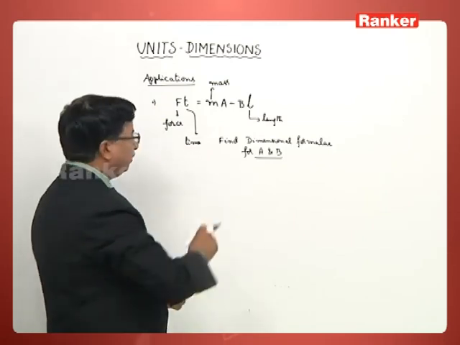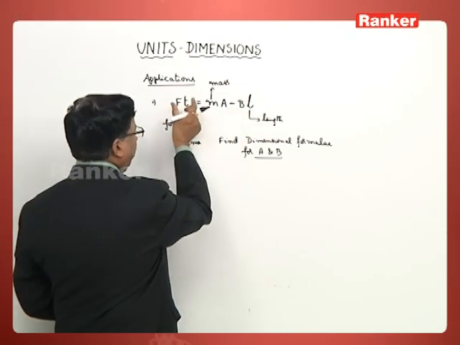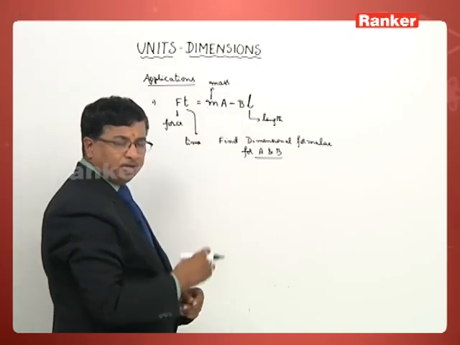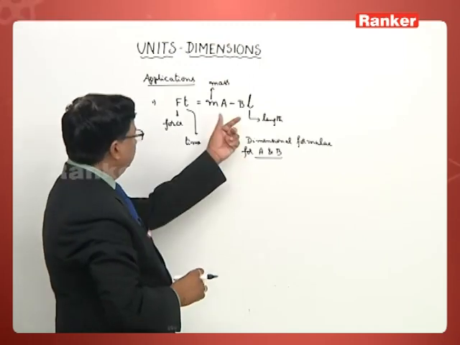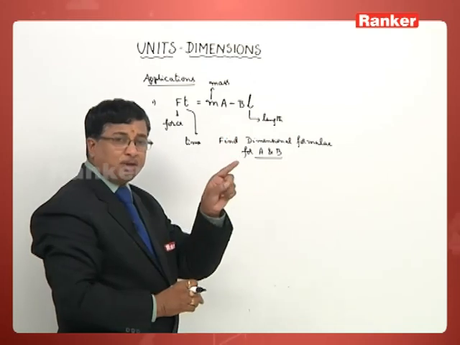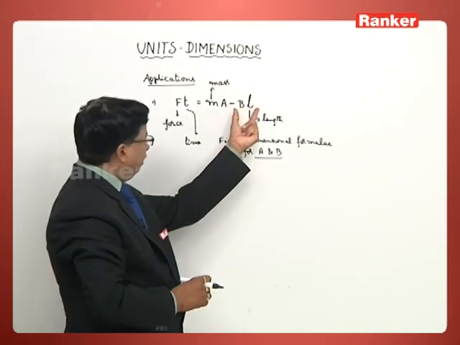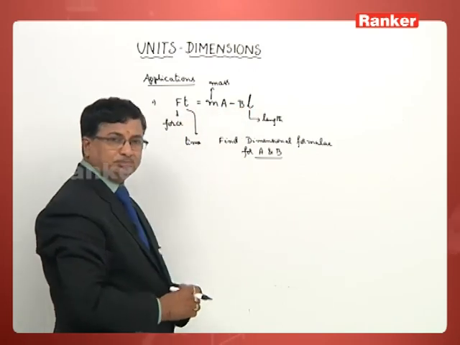I repeat, when we subtract BL from MA, we are getting impulse. What is the very meaning of it? This MA must be impulse, BL also must be impulse, then only impulse minus impulse gives us impulse.